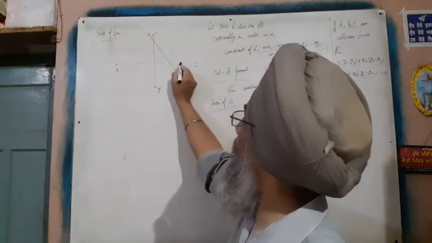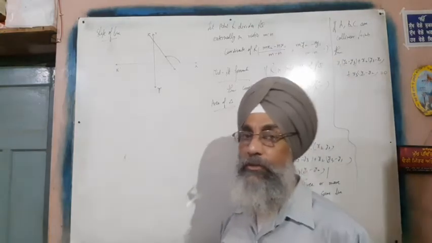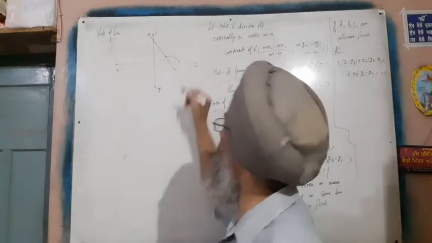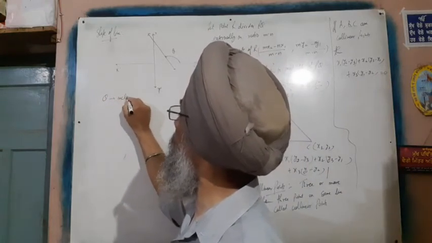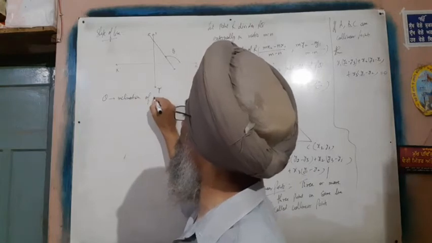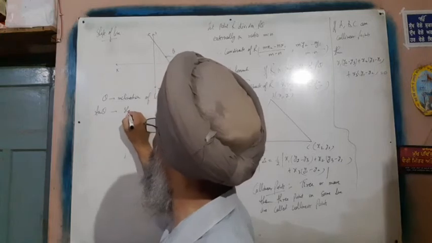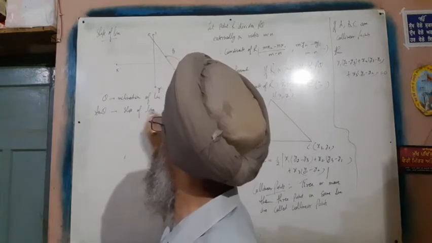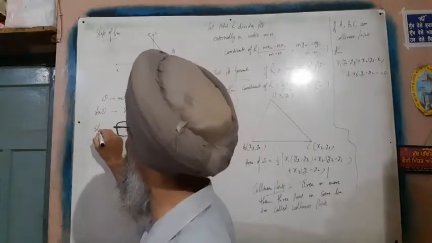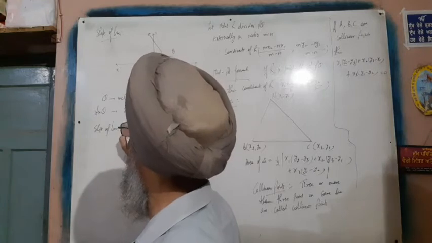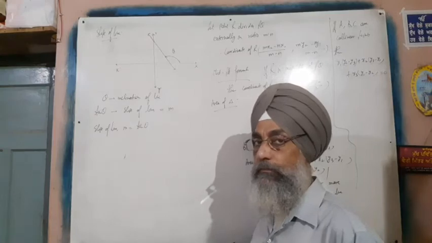So moving from the x-axis in the anti-clockwise direction to the line makes an angle theta. This theta is known as the inclination of the line. The tangent of this theta is called the slope of the line, which is denoted by m. So the slope of the line is m equal to tan theta. Clear? Understood?